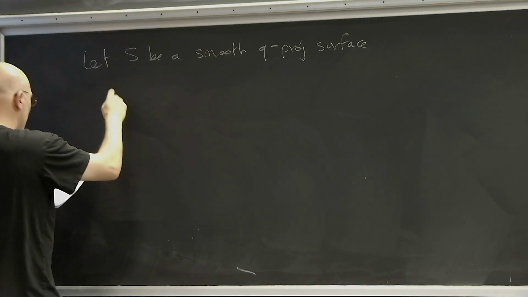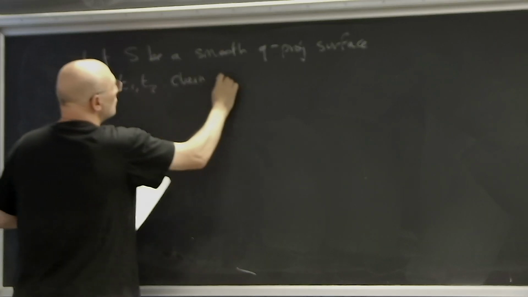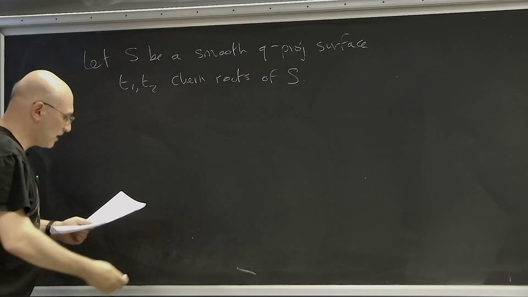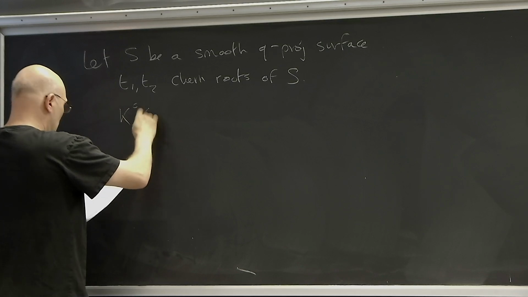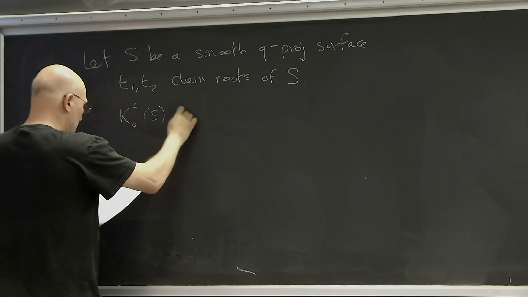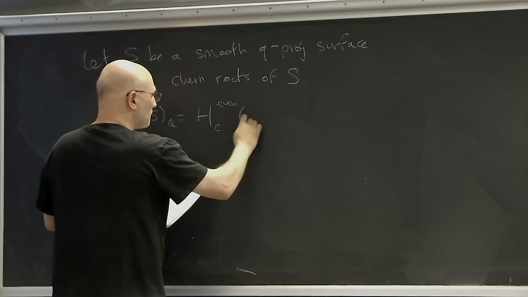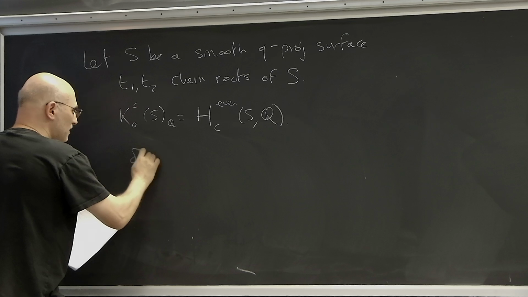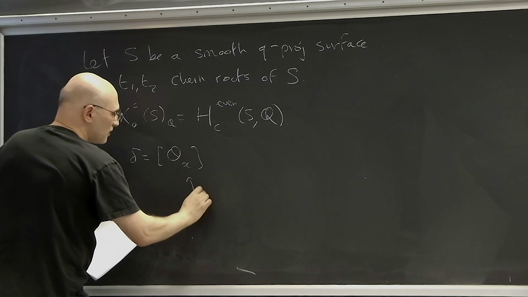And let us denote by T1 and T2 the Chern roots of S. And let me denote by K0, yeah, this is just the even compactly supported cohomology of S, and let me denote by delta the class of a point. Okay, this is the skyscraper sheaf.